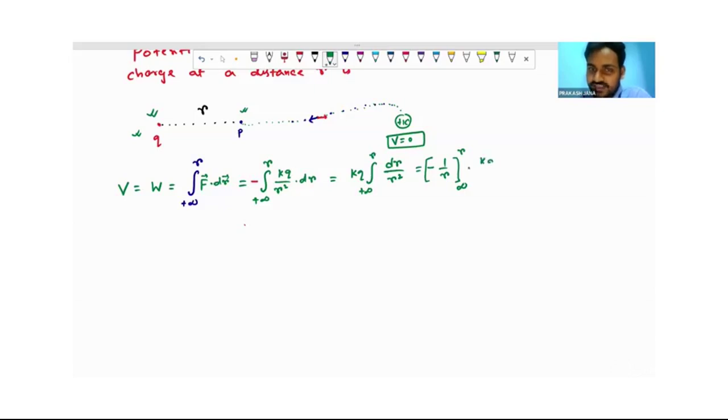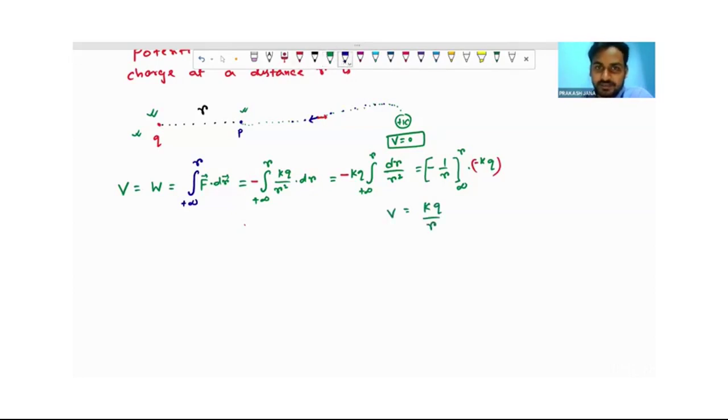Also we have kq initially. So it will give a negative sign. Earlier we had a negative sign, so it will be a negative sign here, minus kq. So finally we will have kq by r.